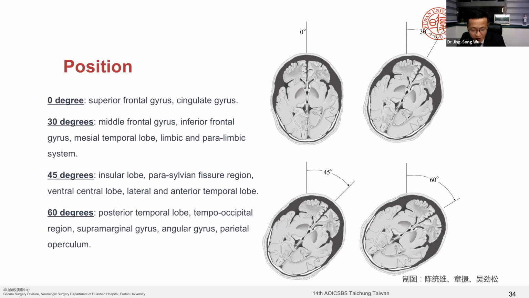And 45 degrees for insular, for parasylvian fissure region, for ventral central lobe, for lateral and anterior temporal lobe. 60 degrees for posterior temporal lobe, for temporal occipital region, for supramarginal gyrus, for angular gyrus, and also for parietal operculum.